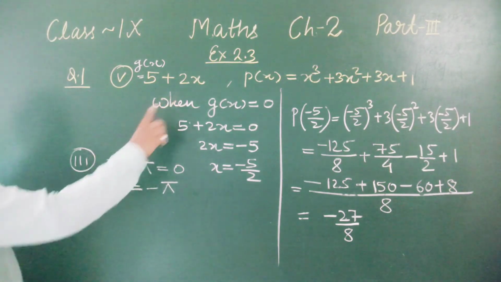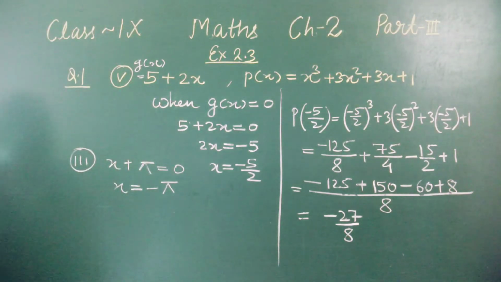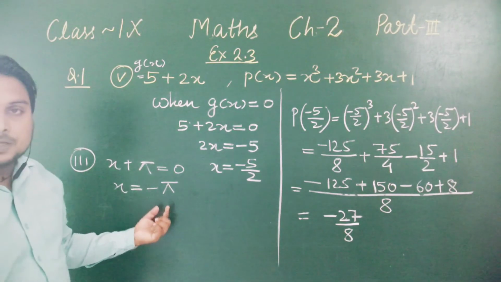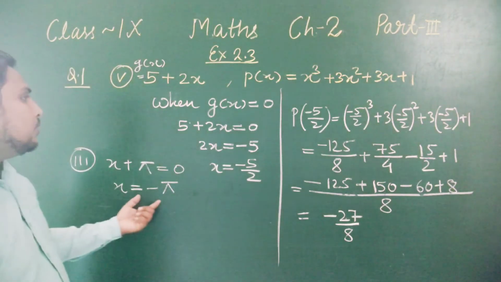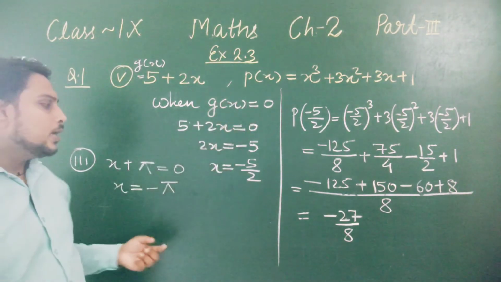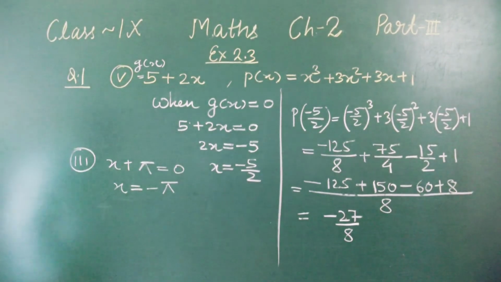Now wherever there is x, you will put minus pi only. You do not need to put the value of pi as 22 by 7 or 3.14. Don't put that. You will only write the expression in the form of pi.